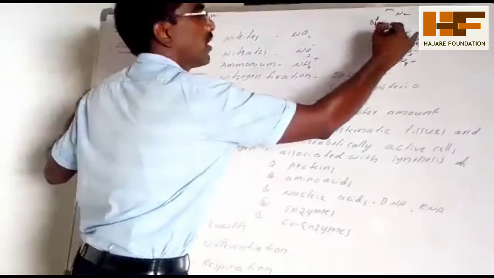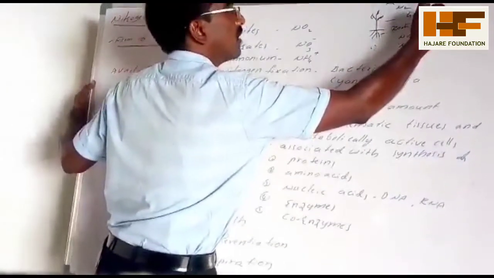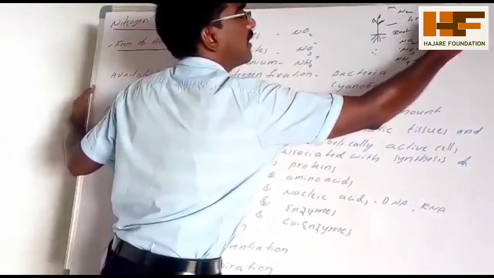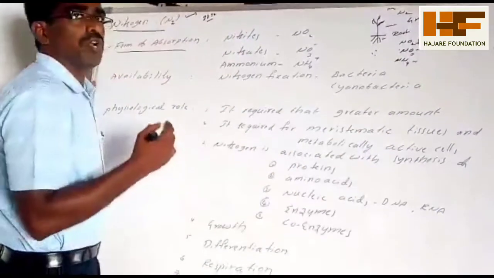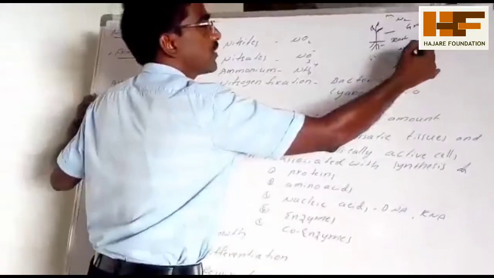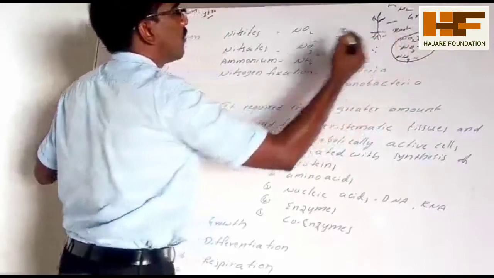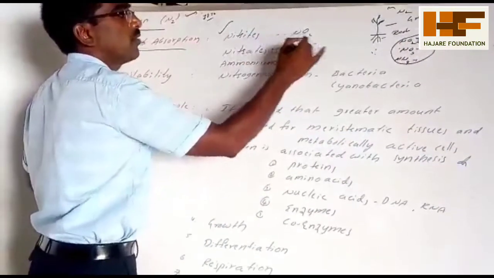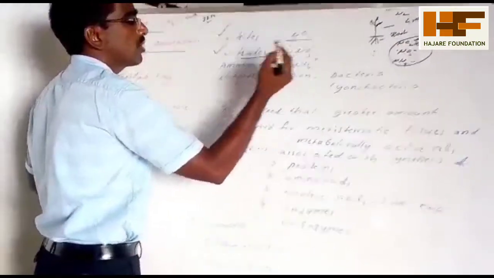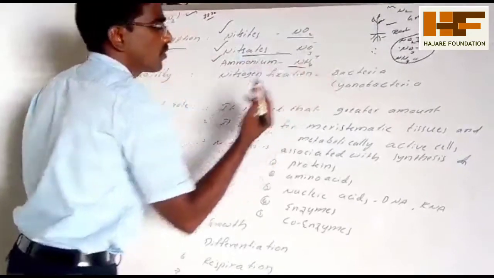A groundnut plant or any legume plant needing more nitrogen takes it from the soil in the form of nitrites NO2, nitrates NO3 minus, and ammonium NH4.